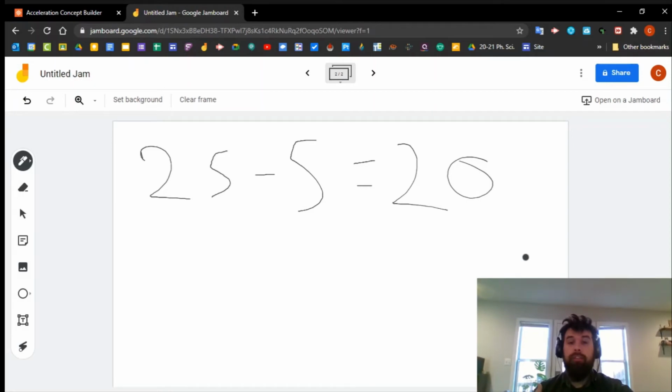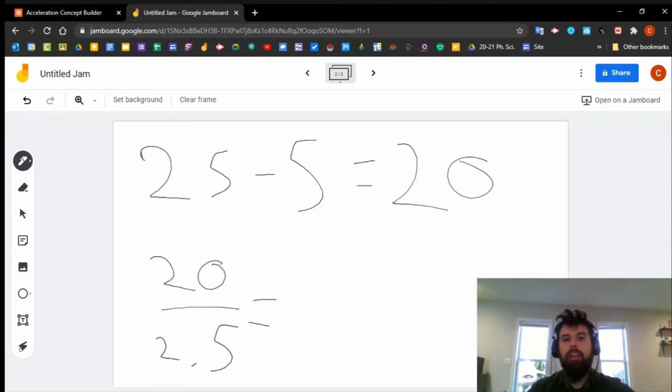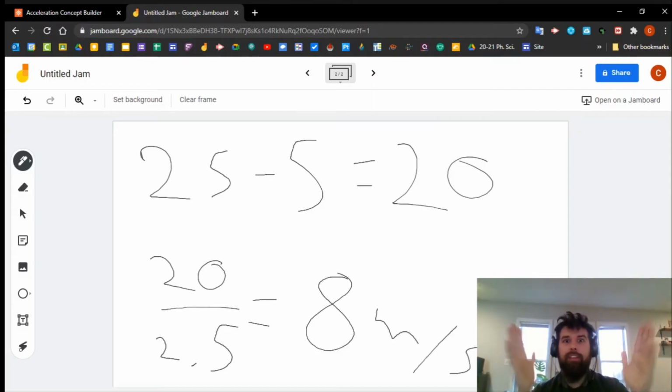Okay, and if he changed his velocity by 20 meters a second in 2.5 seconds, then how much did it change every second? So again, I'll just divide 20 divided by 2.5. Let me go work that math out real quick. 8 meters a second. So that is our magnitude.